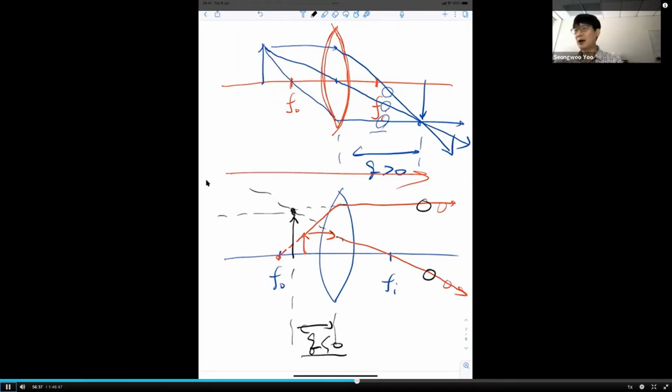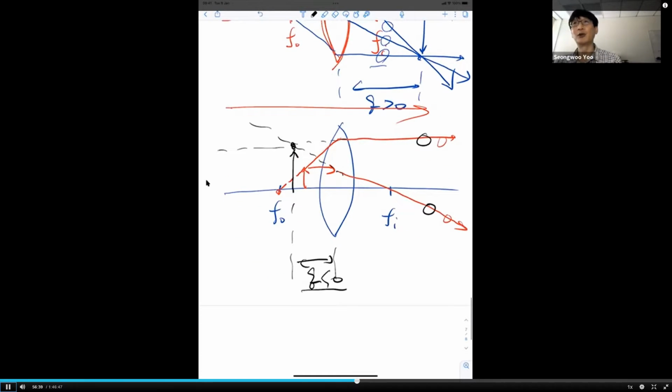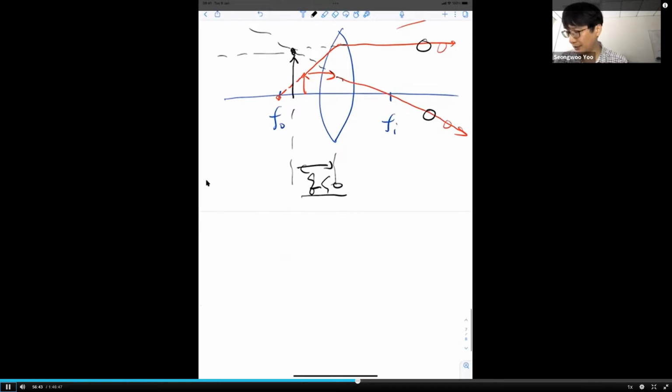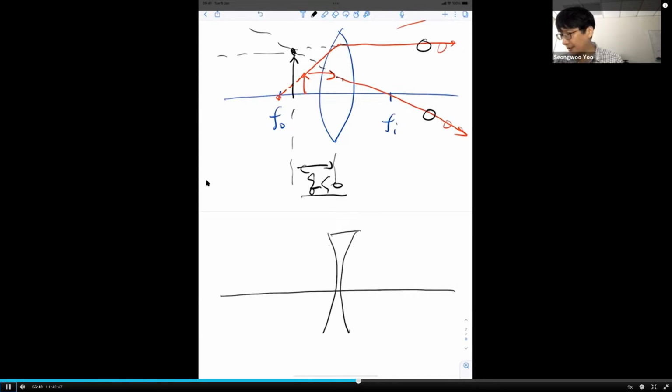All right. Now I will draw a tricky one, the diverging lens. Let me start with the principal axis, and then I will draw the diverging lens, and I can define those two focal points again. But for the diverging lens, my image focal point is in front of this lens, and my object focal point is behind the lens.